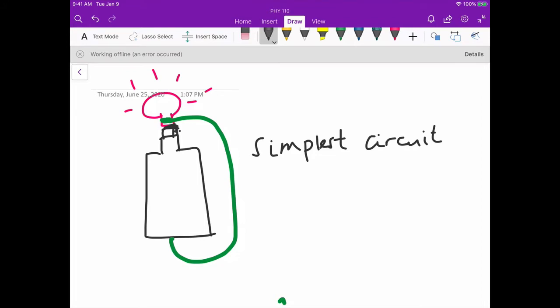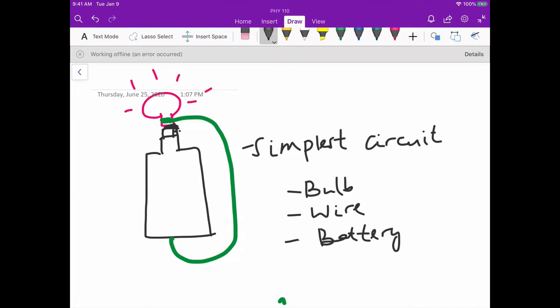So if you look at here, what are the items that got involved in this overall setup? You had the bulb, and then there was a wire, and of course there was a battery.